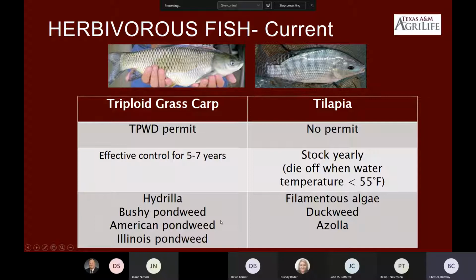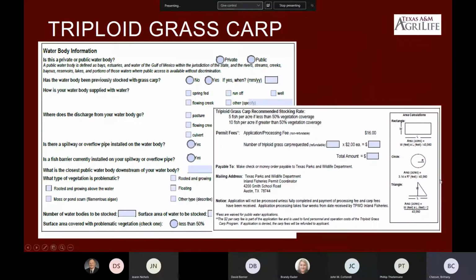And so now this is what your updated slide looks like. It doesn't change much for you in the Fort Bend areas, because you are within that stocking zone. Here is a little screen grab of the triploid grass carp permit.